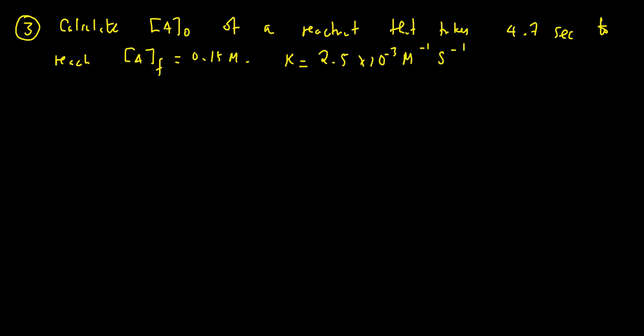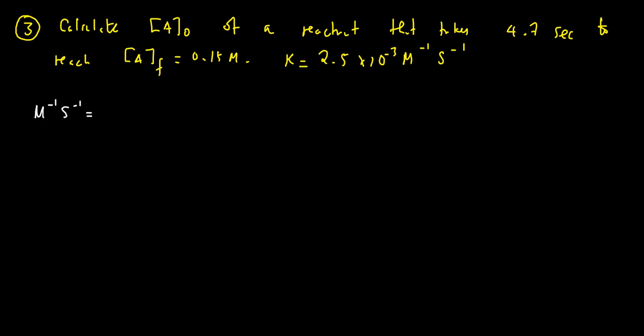So you can see for this question, the rate constant has been given, but the order of the reaction hasn't been given. So you first need to know the order of this reaction. Just look at the unit of k: molar to the power negative 1 second to the power negative 1.